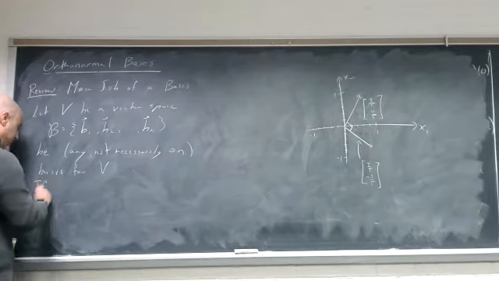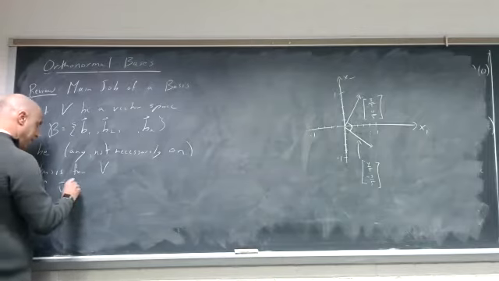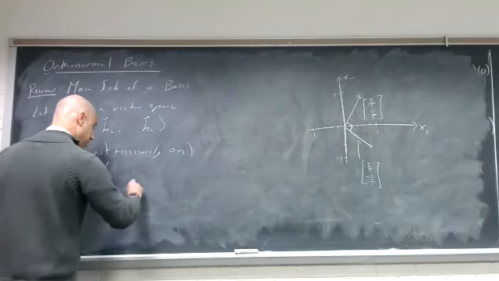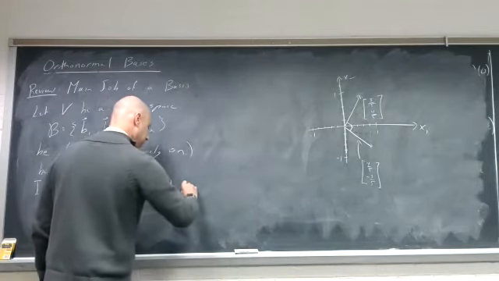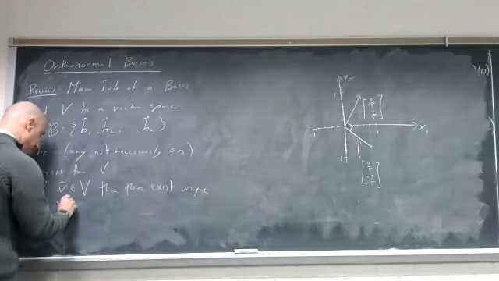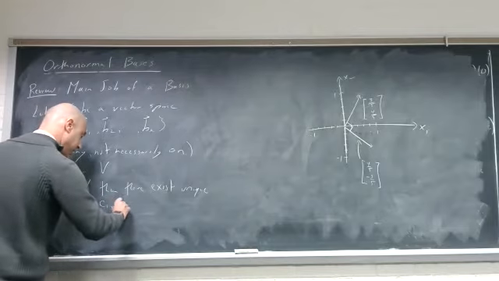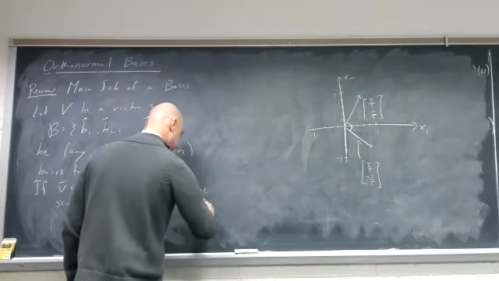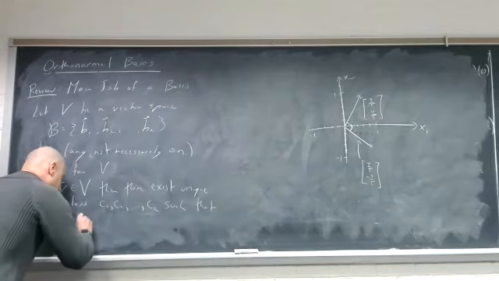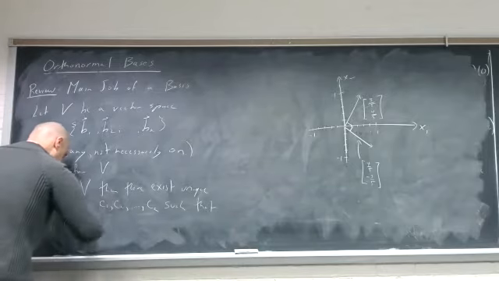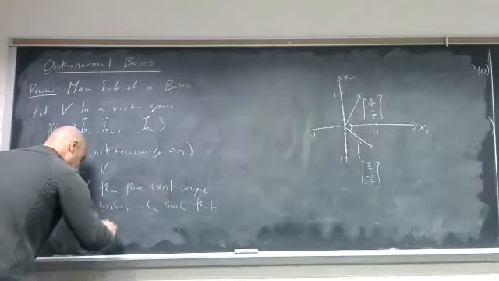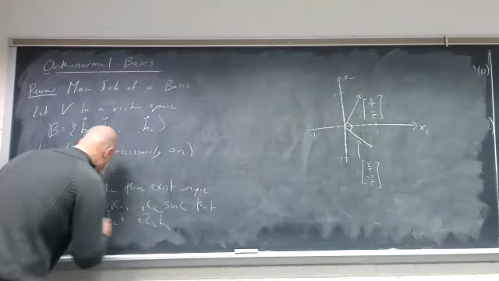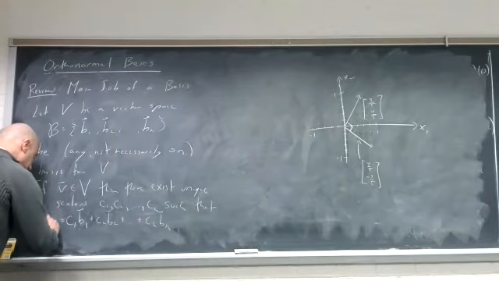If lowercase v is any vector in this vector space, then there exist unique scalars C1, C2, all the way up to CK, such that C1 times B1 plus C2 times B2 plus all the way up to CK times BK is equal to that vector v.